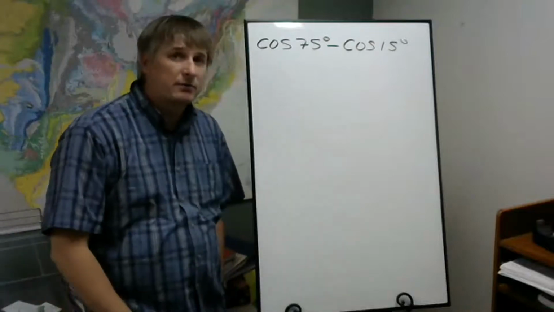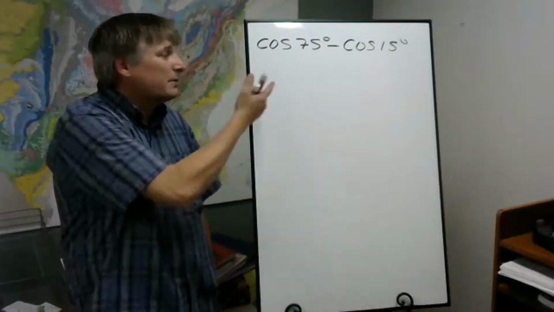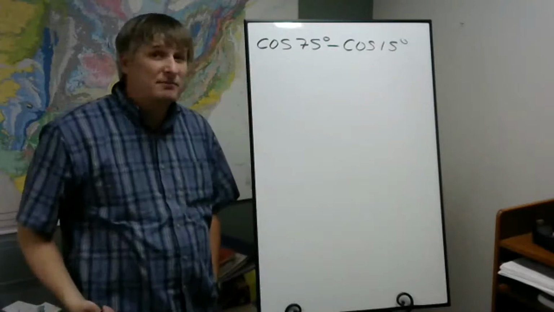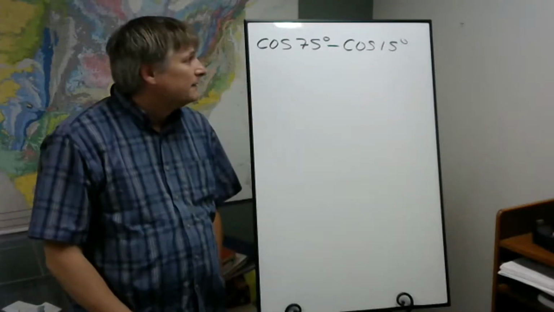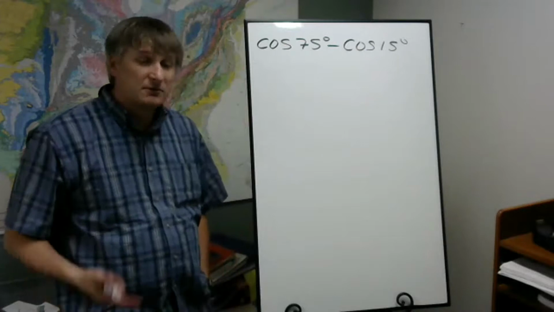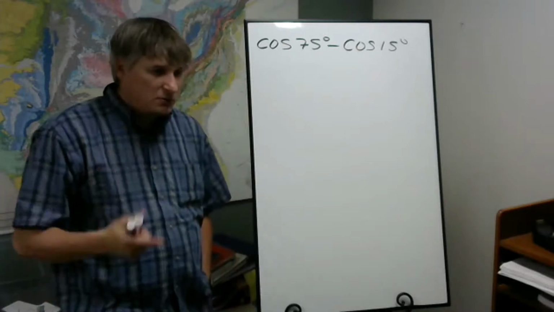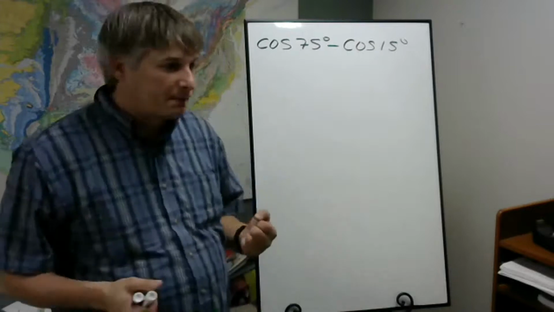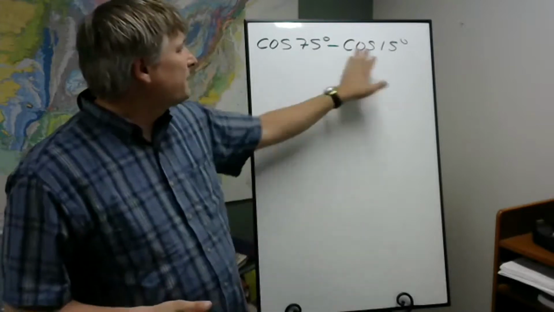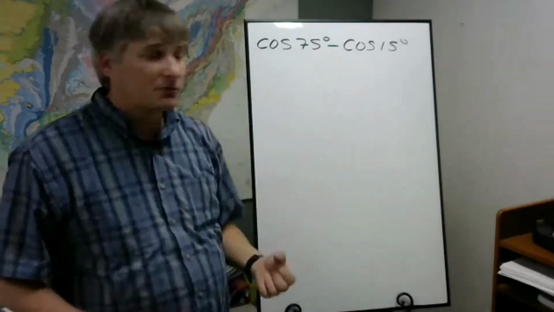Before we got into trigonometric identities, this would be a bit of trouble because we don't have a 75-degree angle or a 15-degree angle on our unit circle. Since we do have a difference of cosines, if we're familiar with the product formulas, we know we're going to be combining these angles.